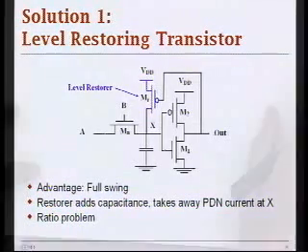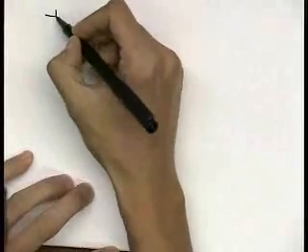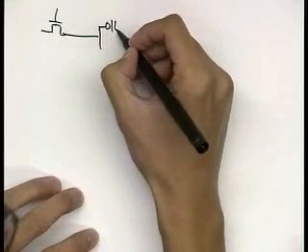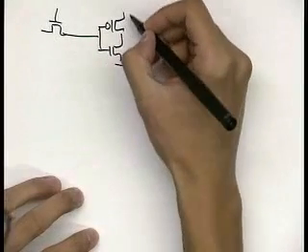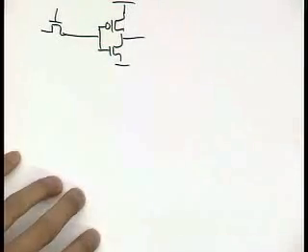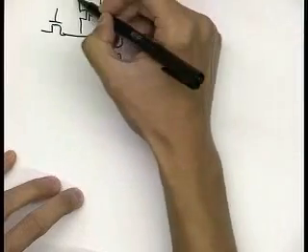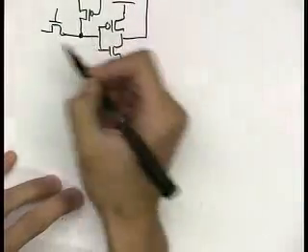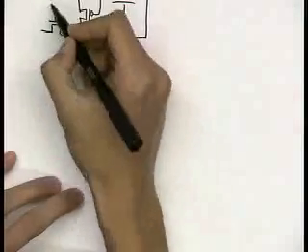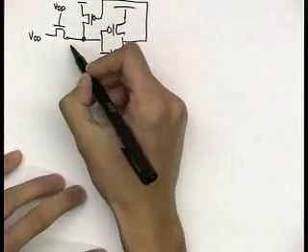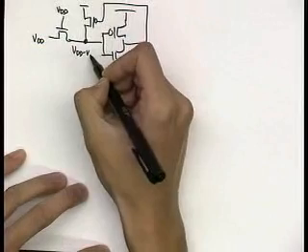For example, let's go back here. What if I put some sort of level restoring device here, such that if I put in VDD, initially I would get VDD minus VT.